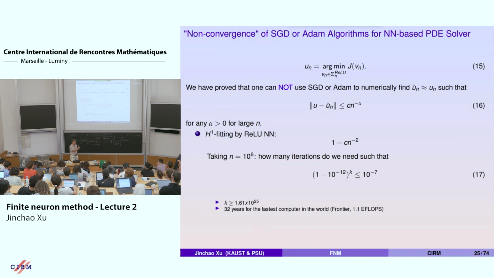Anyway, this is a biased opinion. Don't take my comments too seriously. But at least from this theoretical analysis, getting a very high accuracy for high frequency is a challenge.